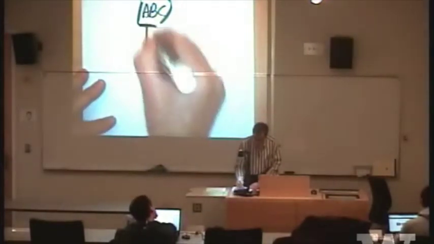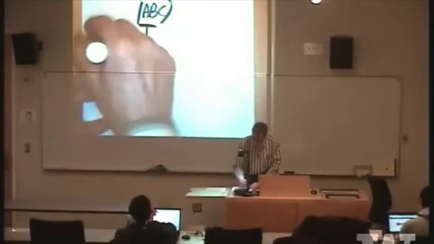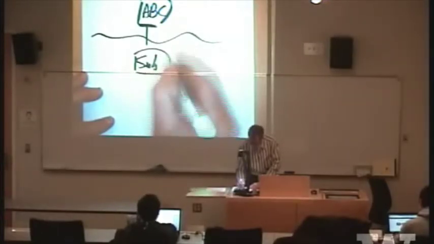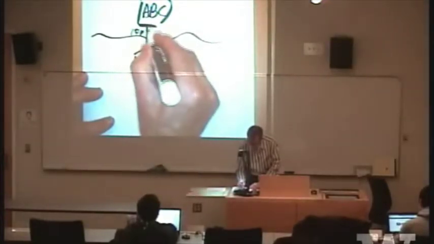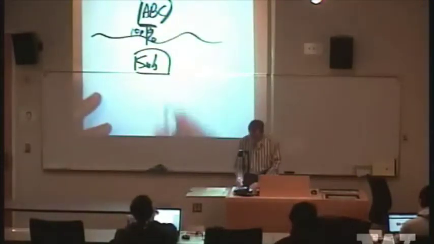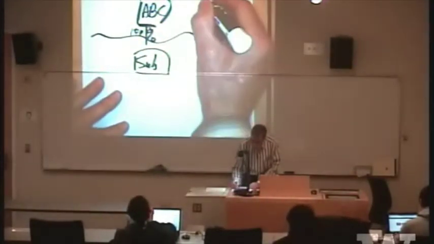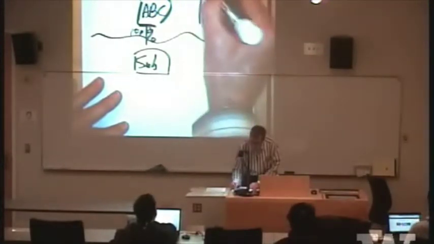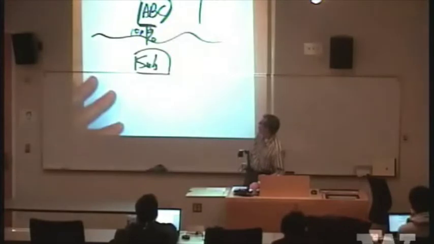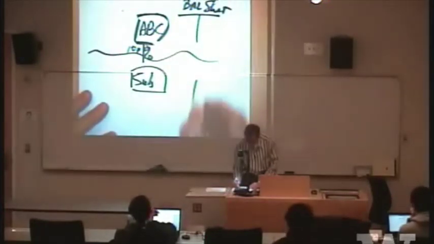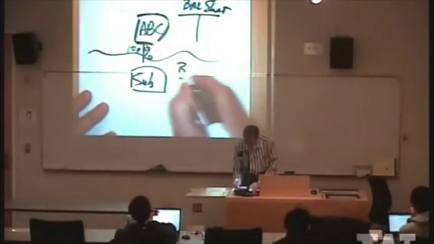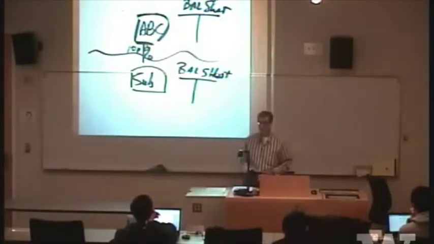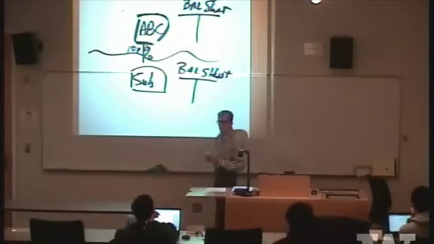But let's assume that in your chosen country there needs to be a subsidiary, and let's assume it's 100% owned. Now, ABC will have its own balance sheet, and the subsidiary will have its own balance sheet. So we have two balance sheets.